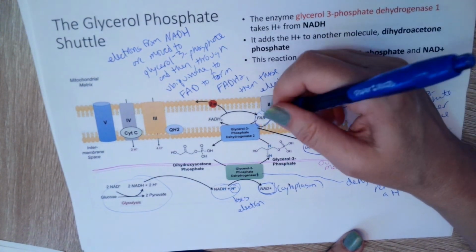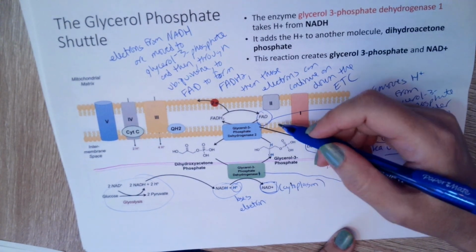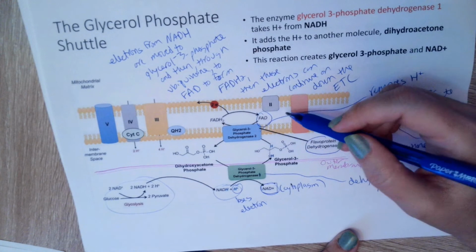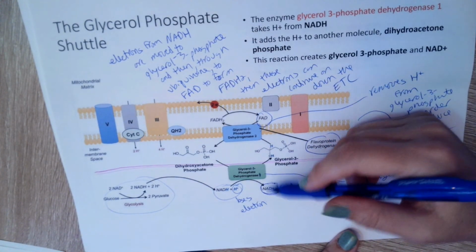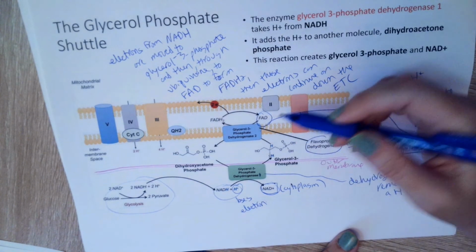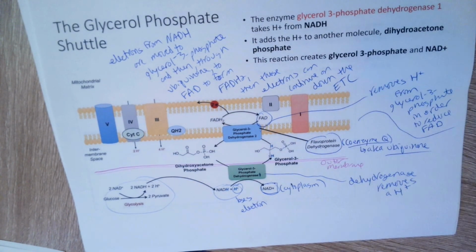So that FAD can then be reduced again into FADH2. So we've replenished our supply of NAD in the cytoplasm, and we replenish our supply of FAD. Really, those things are just used as almost intermediaries to carry those electrons from one place to another.